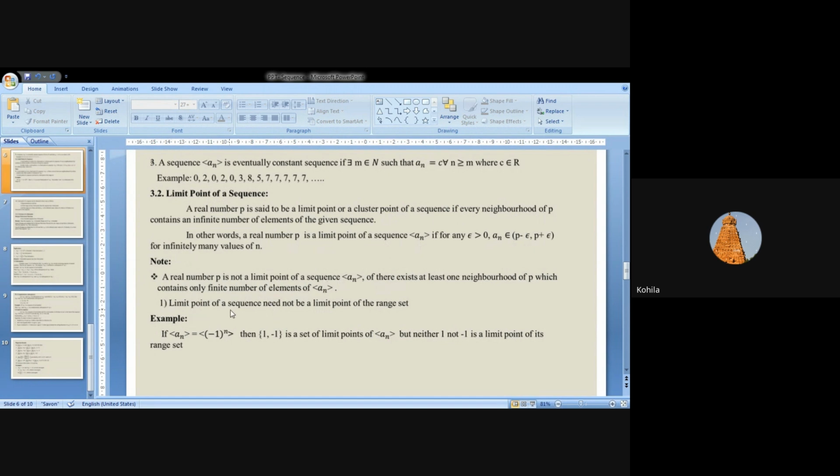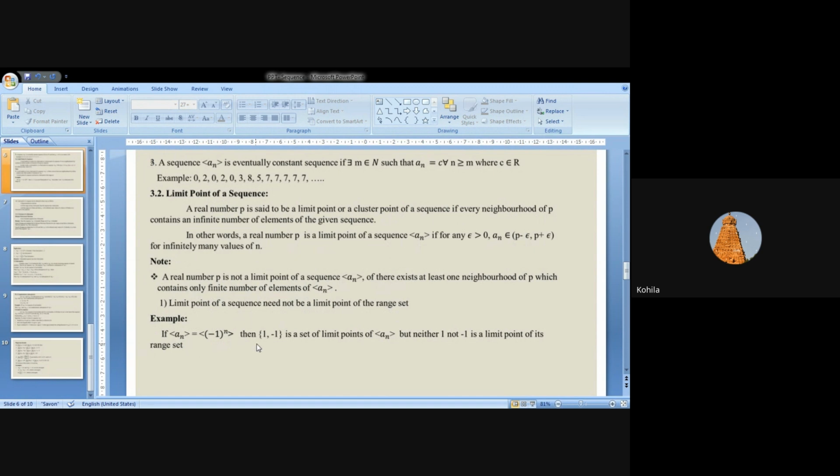So important thing, you can see the options in section B. A limit point of a sequence need not be a limit point of the range set. It's very, very important. Look at this example for the previous statement. If a_n equals (minus 1) power n, so we have the sequence: when n equals 1, first place minus 1, second place 1.